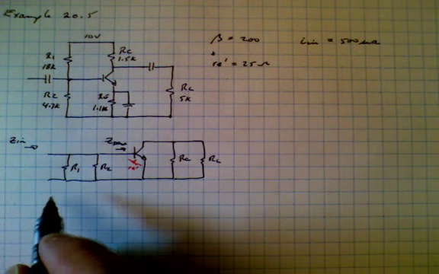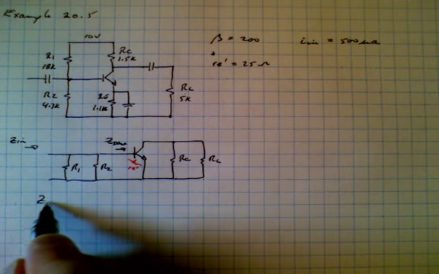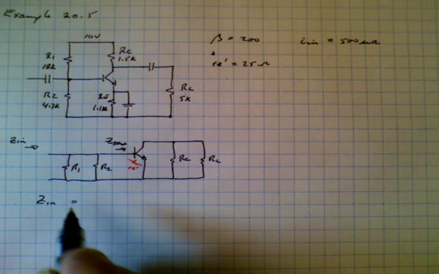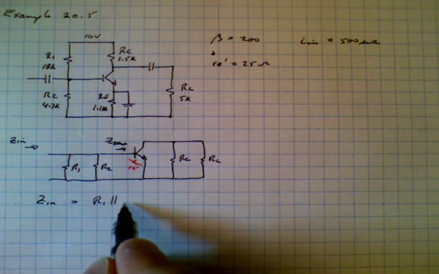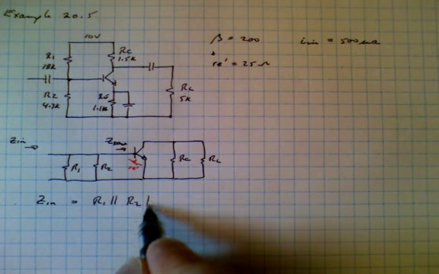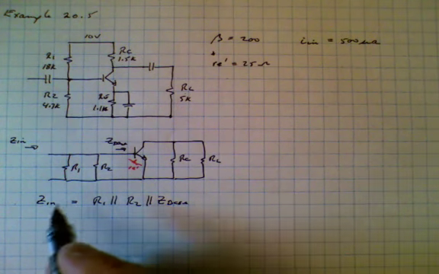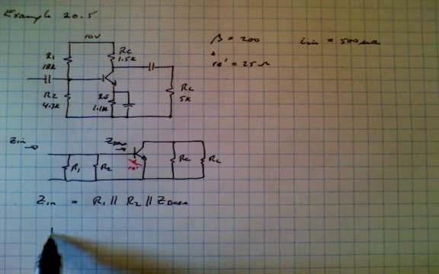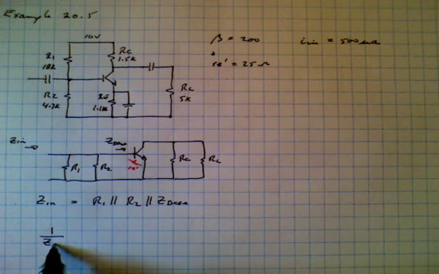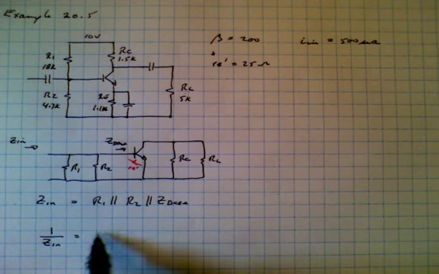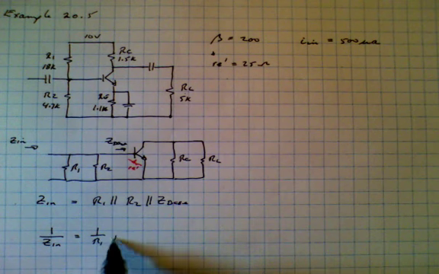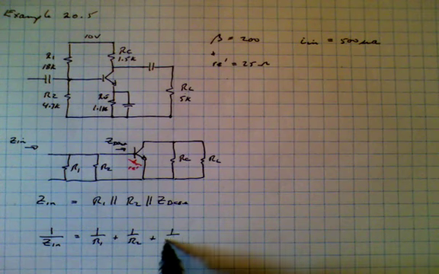And so what we're going to do is just simply say that Zin to the circuit is equal to R1 in parallel with R2 in parallel with Z in the base. And we can rearrange this so that the calculation becomes a lot easier. 1 over Zin equals 1 over R1 plus 1 over R2 plus 1 over Z base.